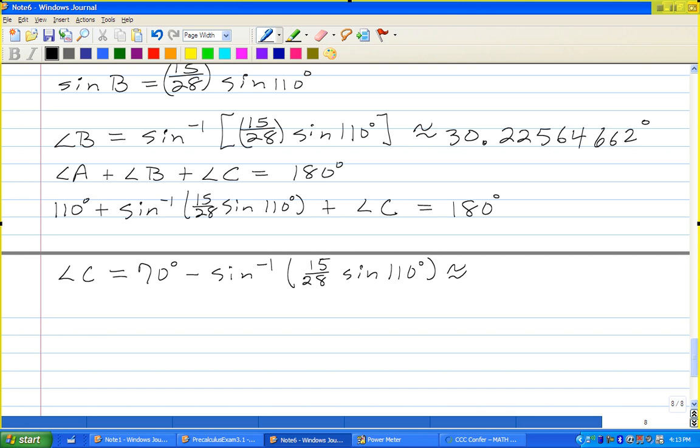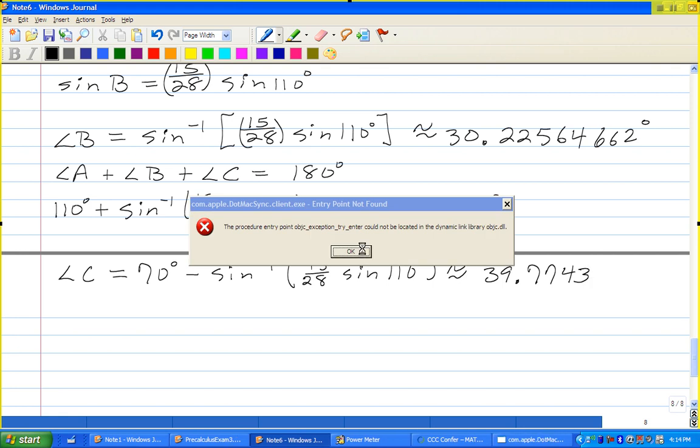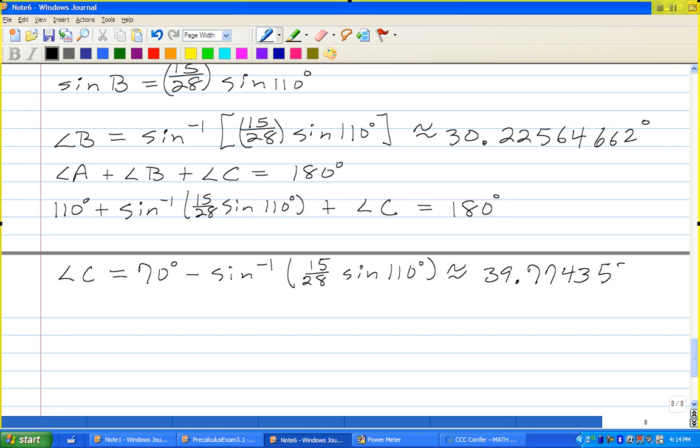well, it's going to be approximately 40. So, of course, I didn't save that, did I? 15 over 28. 39.774 35338 degrees.